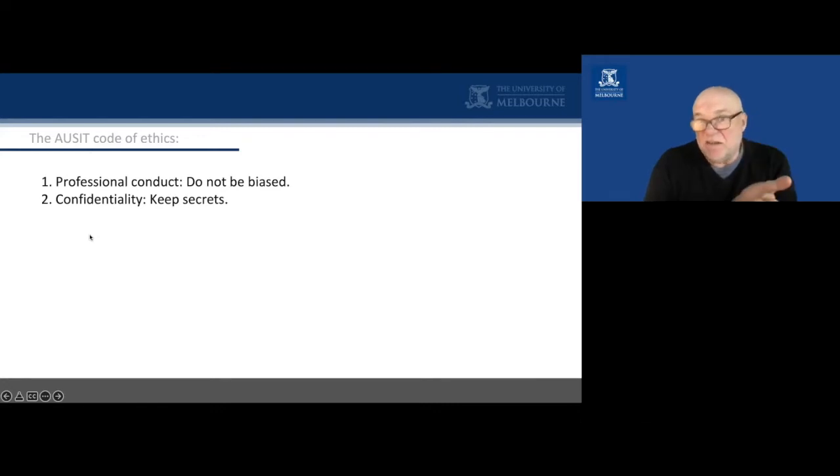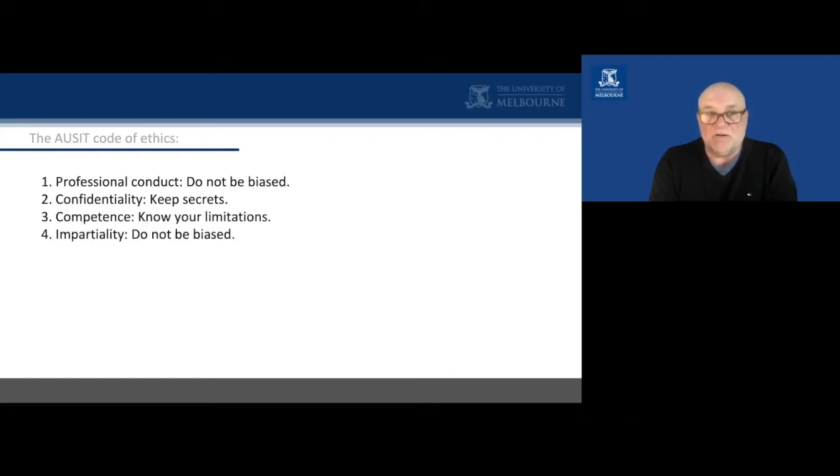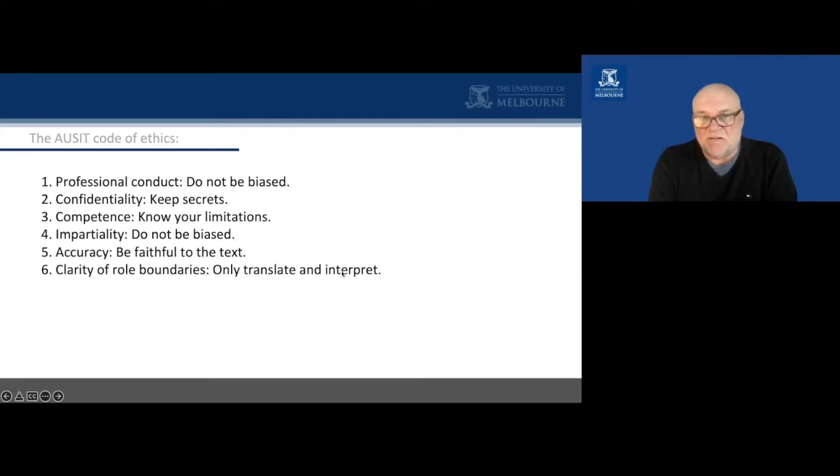People have done this. I hope you had one lesson on it, if you've done the Master of Translation and Interpreting. And you should know this. Don't be biased. Keep secrets. Know your limitations. Don't be biased again. But impartiality means don't favor one side rather than the other. It's very repetitive. You can see, be faithful to the text, only translate and interpret.